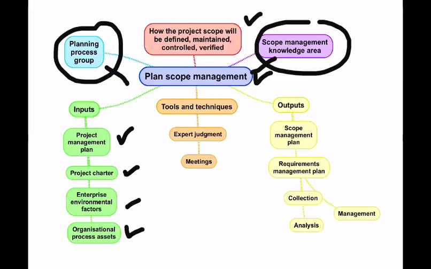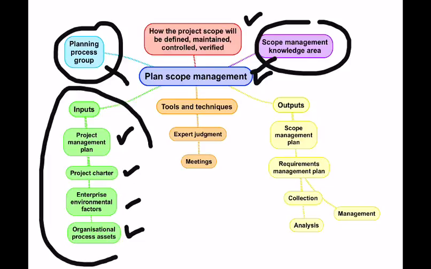All these things help us to plan the scope management. So the input side for plan scope management are project management plan, project charter, enterprise environmental factors, and organizational process assets.